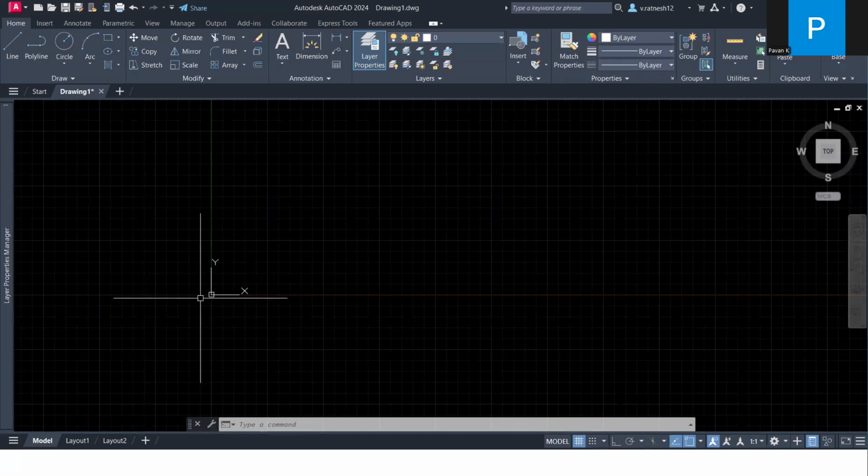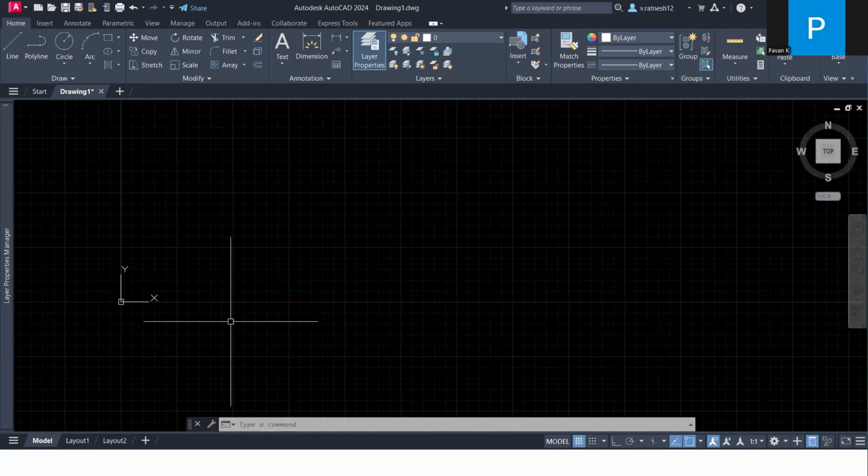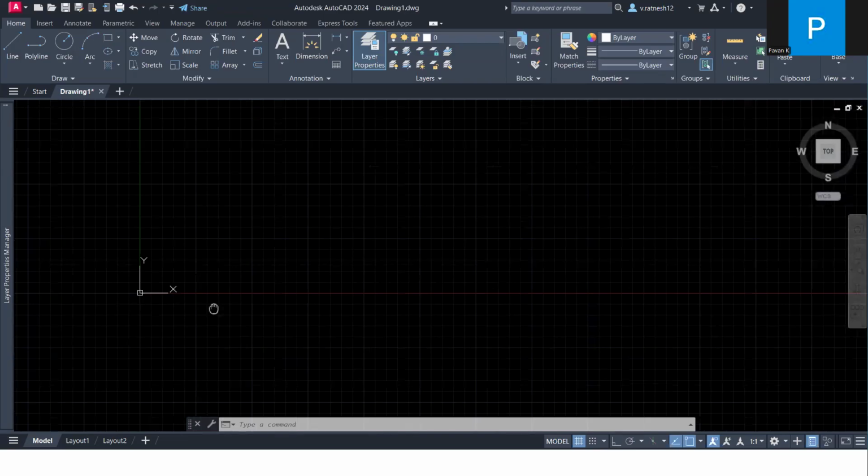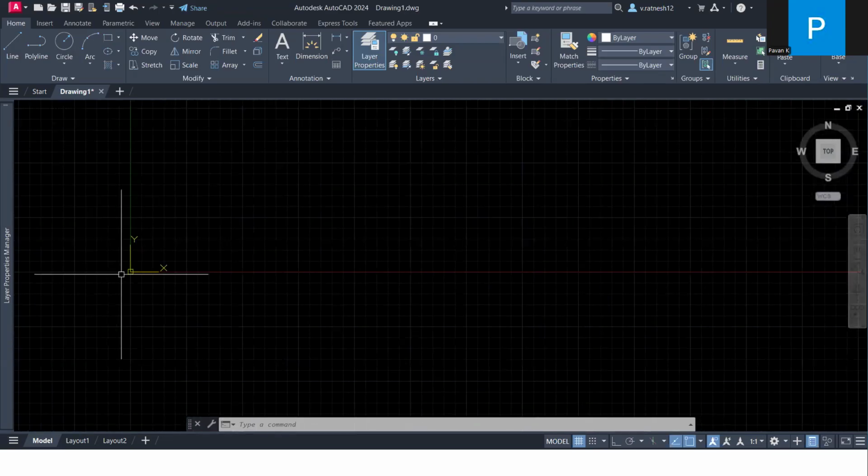There are two types of coordinate systems. One is our user coordinate system, and the other one is the world coordinate system, for reference. Okay, so we are going to deal with this only. This is the user coordinate system, which is 0 0. Okay, so first I will give a command L for line.